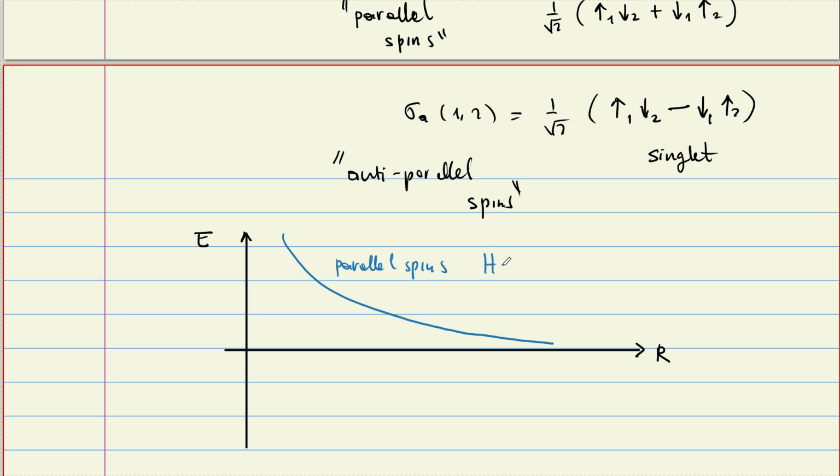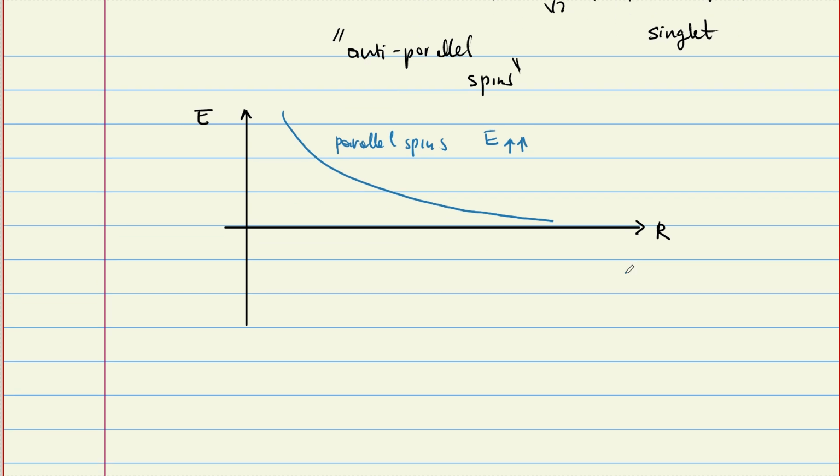Let me call it E up, and the other one is something like that. So this is anti-parallel spins, and let me call this E up down. And this is the solution that I outlined.